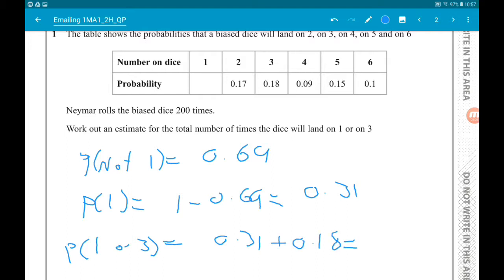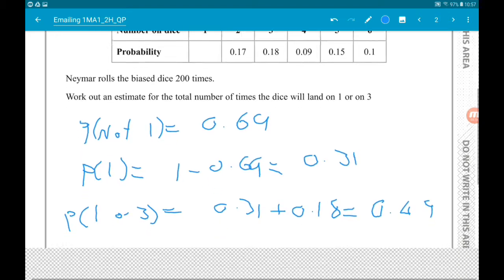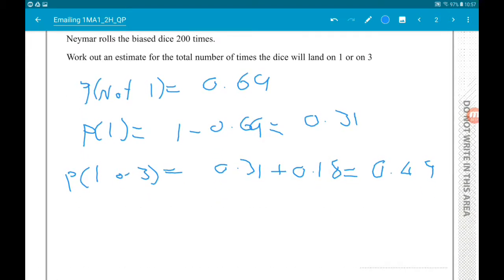And that gives us 0.49. So now we know that probability, we just do 0.49 times 200. And that gives us 98.